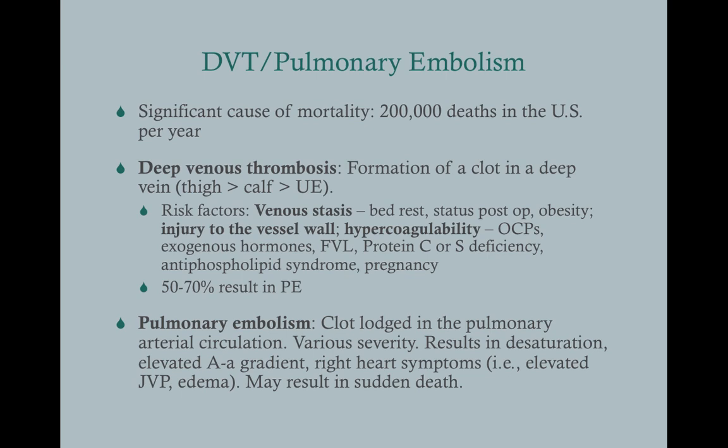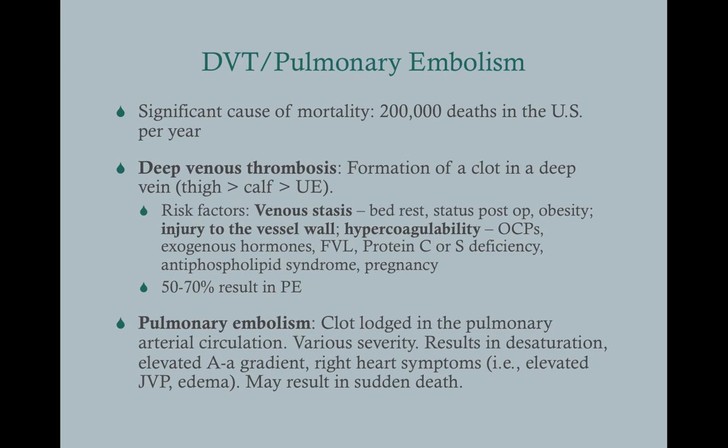So oral contraceptives, that's quite common. Exogenous hormones, that's another thing that's common. You see that particularly in postmenopausal women who are taking exogenous estrogen to abate some of their symptoms, which could include hot flashes and vaginal dryness.